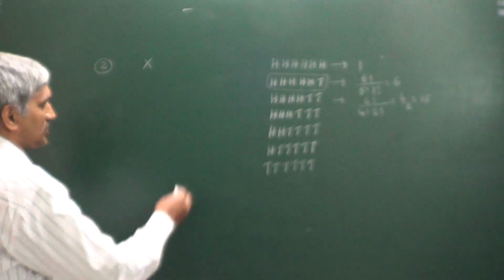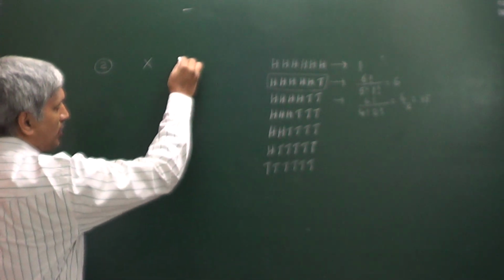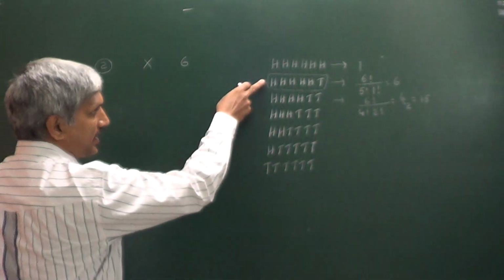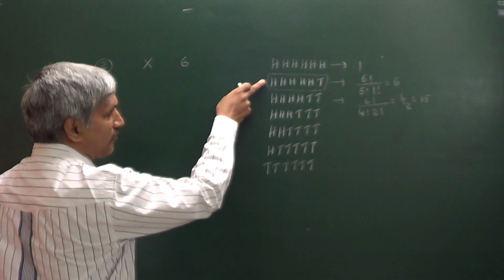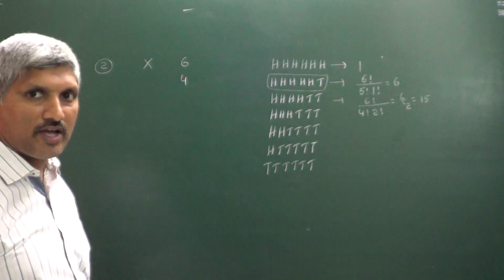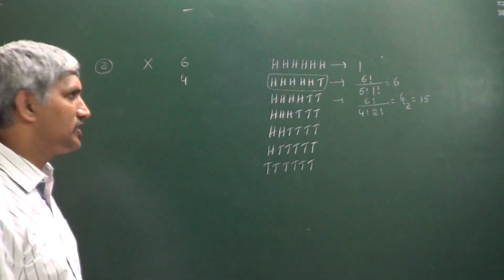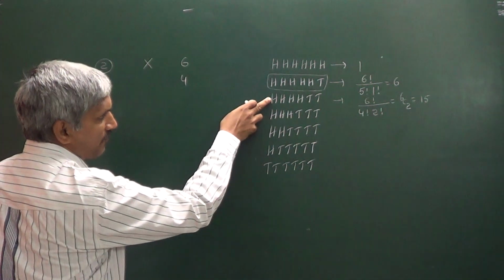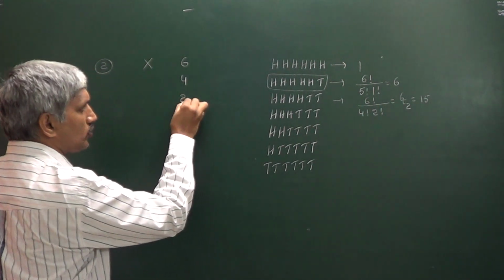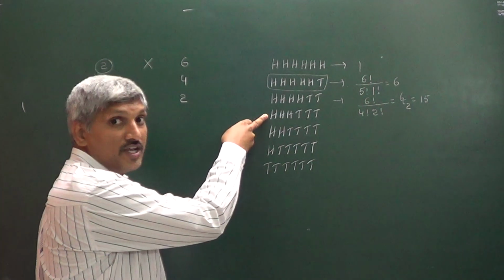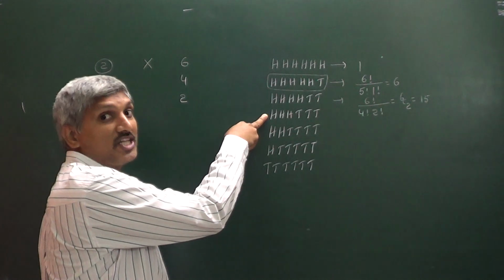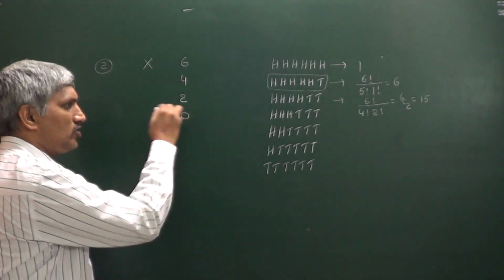In the first case, the difference between number of heads and number of tails is 6. In the second case, 5 heads and 1 tail, the difference is 4. Next case, 4 heads and 2 tails, the difference is 2. Next case, 3 heads and 3 tails, the difference is 0.